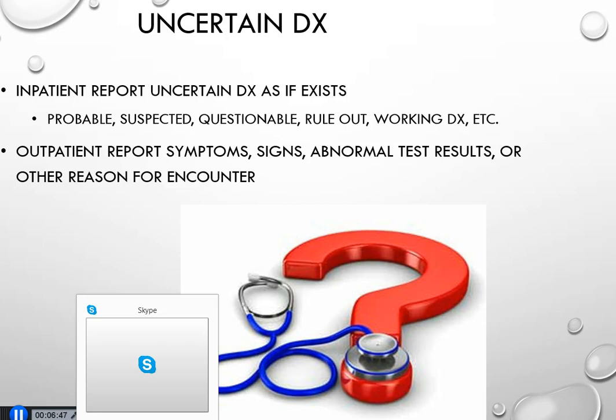So in this instance, we're going to be coding for the loss of appetite and the jaundice, R17 for the jaundice, R63.0 for the loss of appetite, and then we won't be assigning a code for cancer of the pancreas because it is documented as suspected, and we're coding in the outpatient setting, and we're not going to code things that are probable, suspected, questionable, and so on.